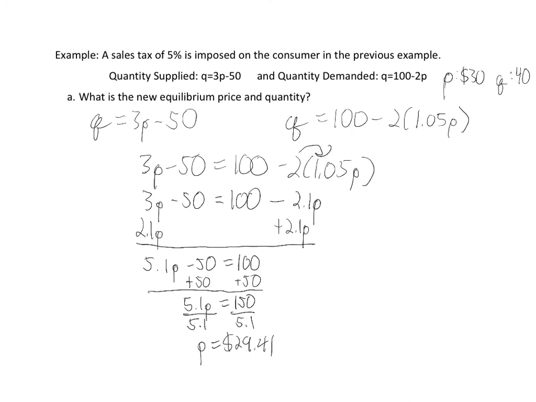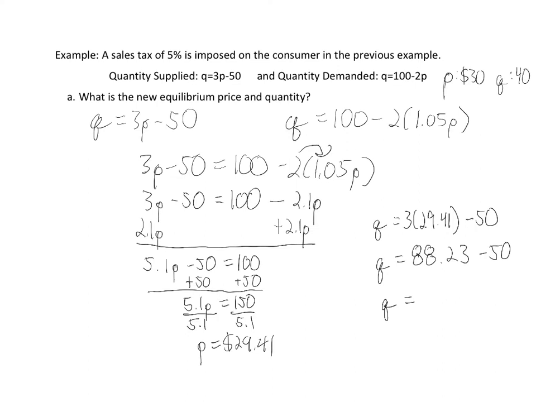If we want to find the new equilibrium quantity, then Q would equal 3 times 29.41 minus 50. Q equals 88.23 minus 50.